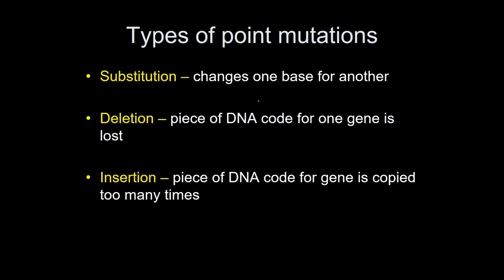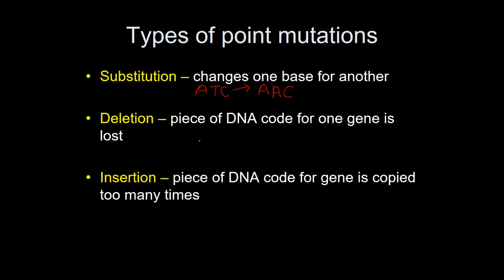With these different types of point mutations, there's three main types. There's a substitution. So maybe within a string of bases, it is supposed to read A, T, and then a C. With the substitution mutation, what would happen is that ATC now might be AAC. And in some of these cases, that is going to code for a completely different amino acid.